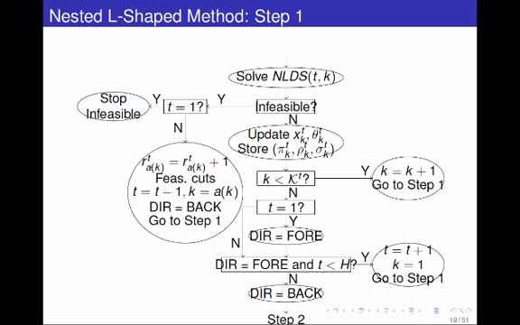So if it's the first time period and we haven't added anything yet, and the first trial decision we get is infeasible for some scenario in the second stage, we stop because we are infeasible.